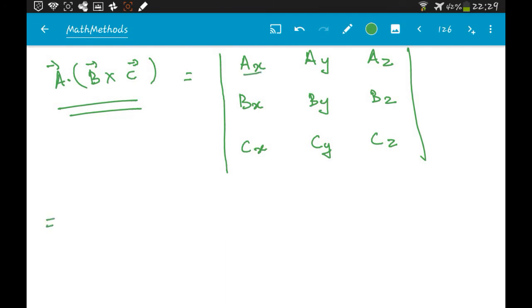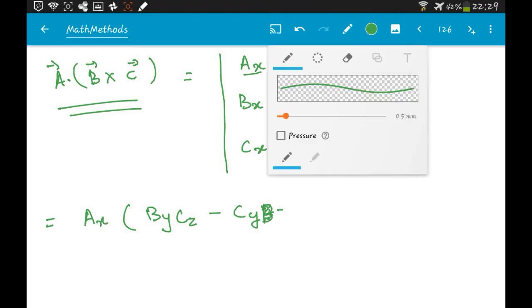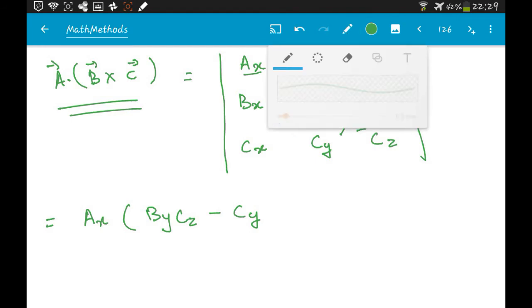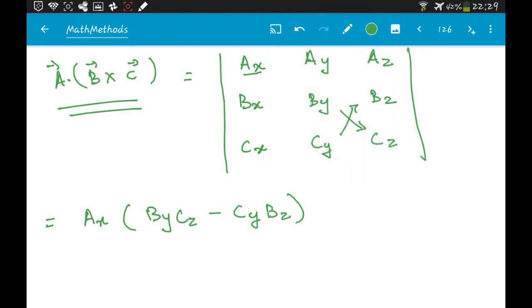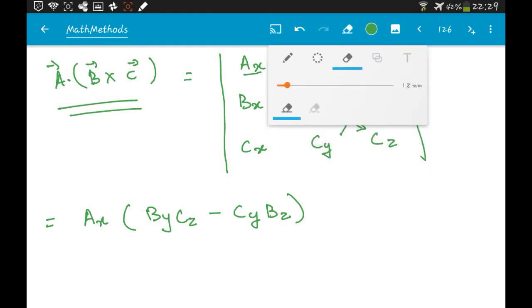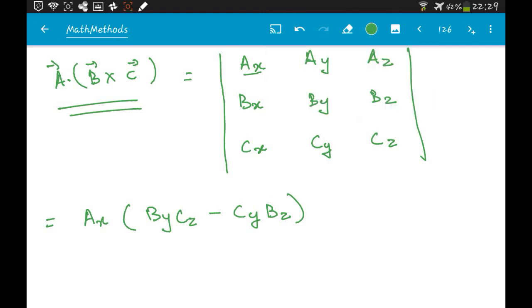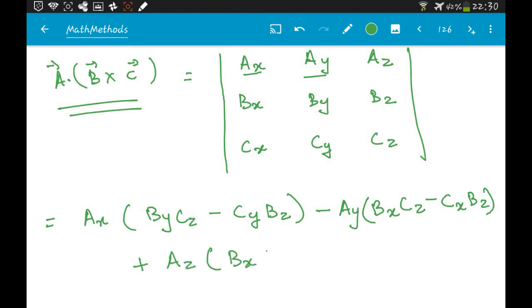So what is the value of this determinant? Let's calculate it. We have AX into (BYCZ minus CYBZ), and then minus AY into (BXCZ minus CXBZ), plus AZ into (BXCY minus CXBY).